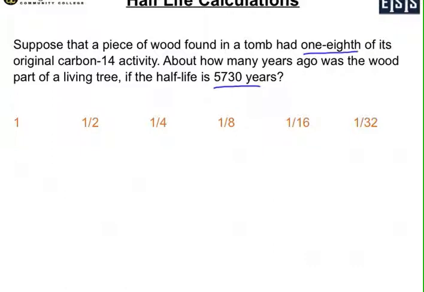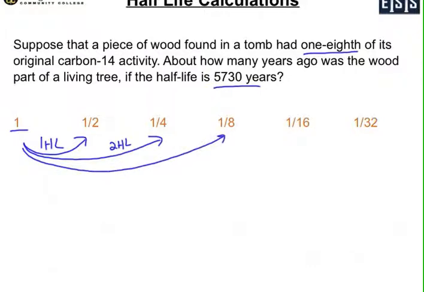I put down here some fractions for you. Assuming you start at 1, after 1 half-life you would have half left. After 2 half-lives, you would have a quarter of the material. Take another half, and now you're down to 1/8.